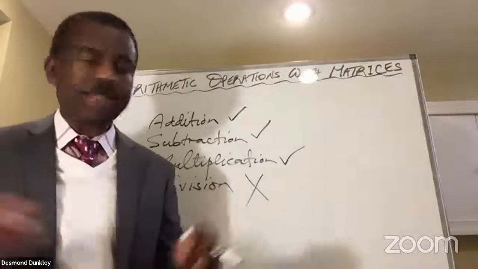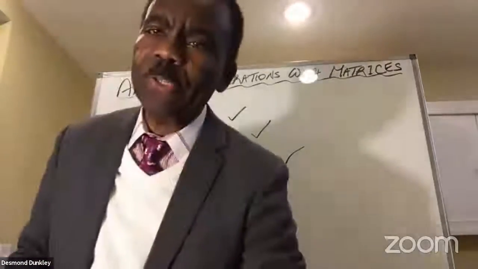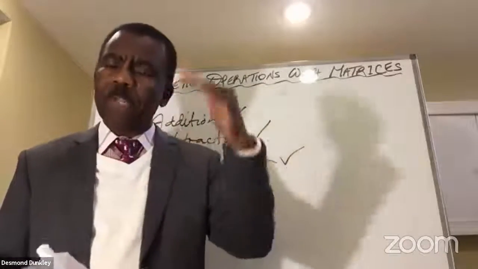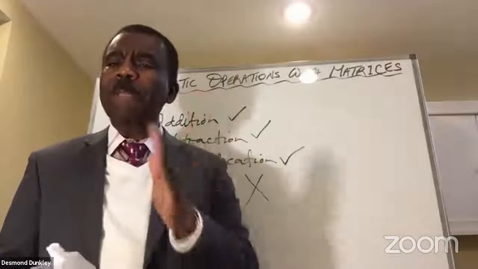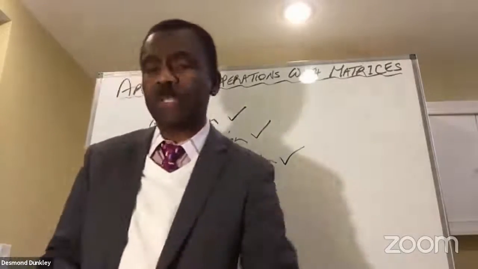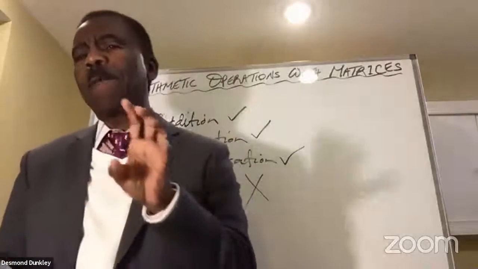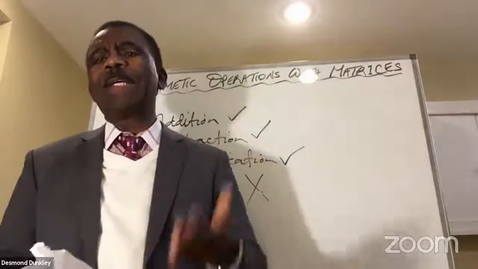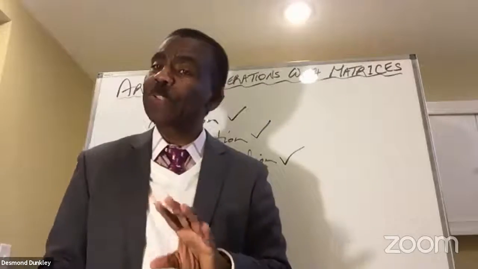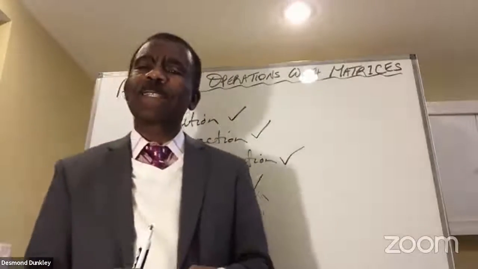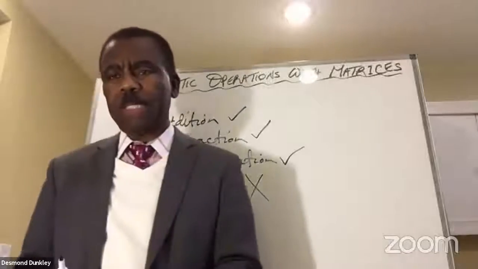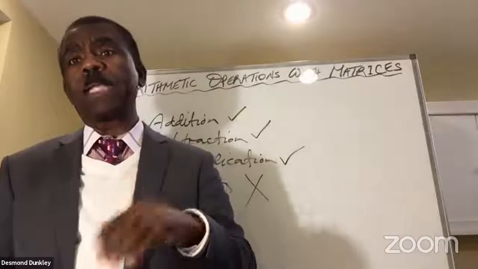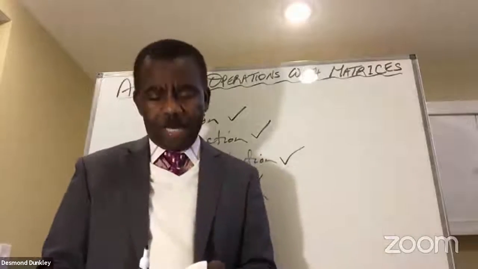It does not exist. Okay, so then I mentioned to you that in order for you to perform addition, subtraction, multiplication, there are certain rules that must be followed. There are certain preconditions. If those prerequisites are not met, you cannot add, you cannot subtract, you cannot multiply. So my role and function today is to show us how to add matrices, how to subtract matrices, and also to introduce the multiplication of matrices.